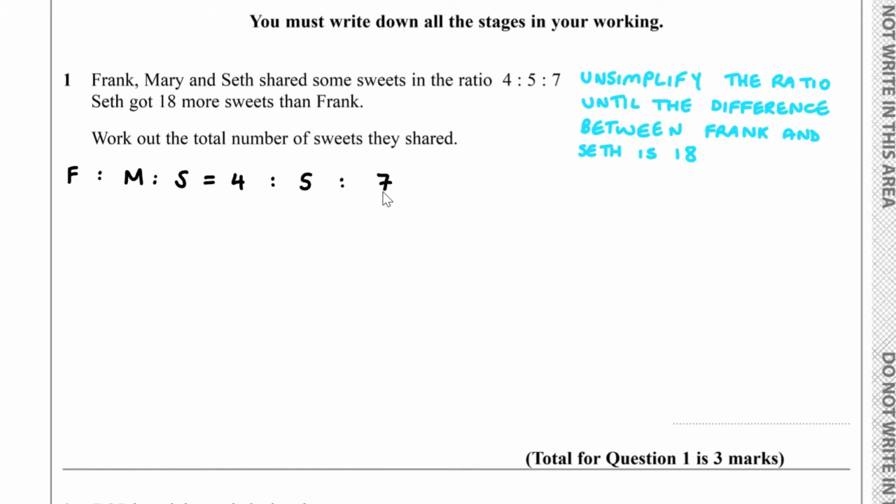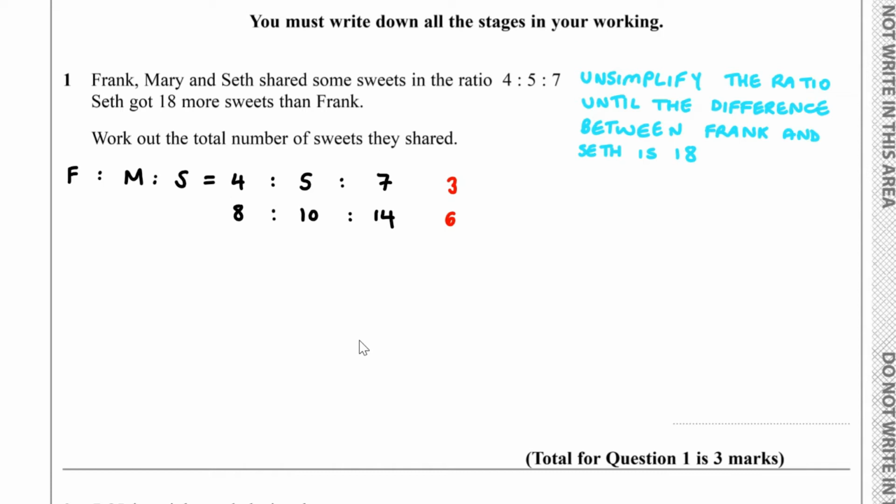Now the difference here, we'll show the difference in red. 7 take away 4, you'd find that to be 3. If we unsimplify, we have 8 to 10 to 14, and the difference between 8 and 14, that's 6.